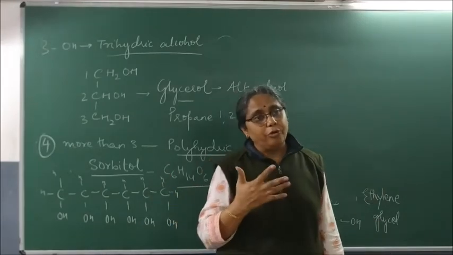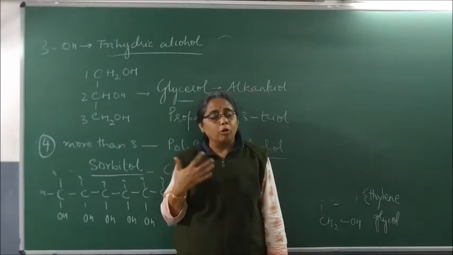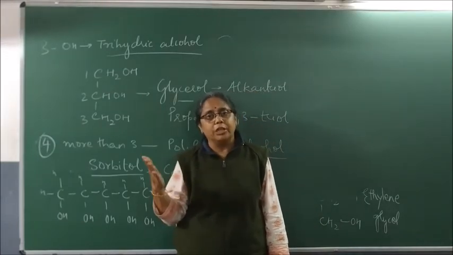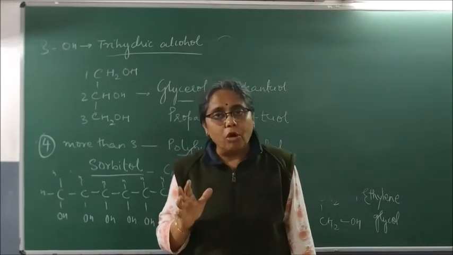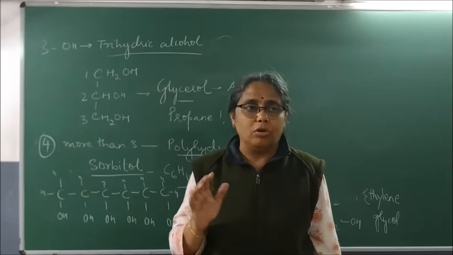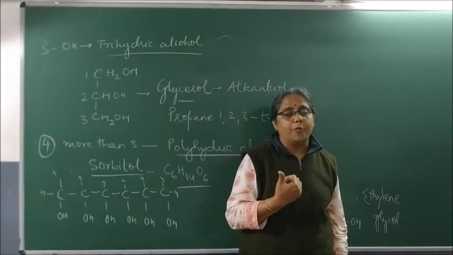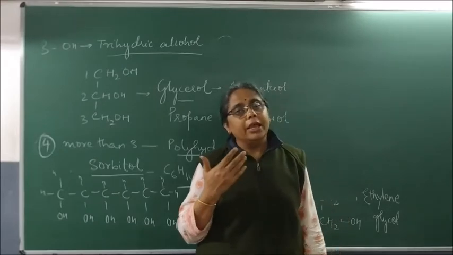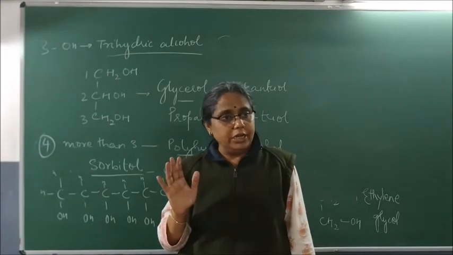And if there are four or more OH groups, it is called polyhydric alcohol. The most common polyhydric alcohol is sorbitol. Trihydric alcohol is glycerol or propane 1,2,3 triol. Its aqueous solution is called glycerine or artificial tear.